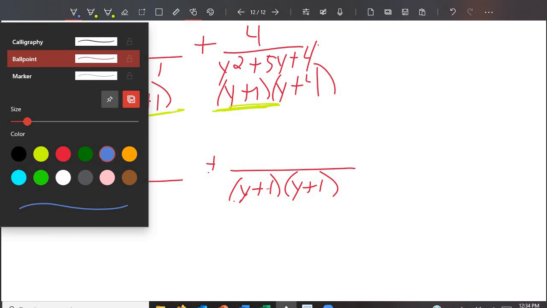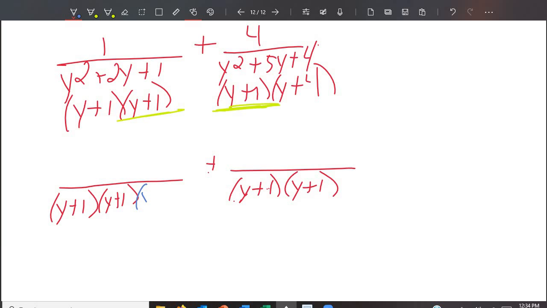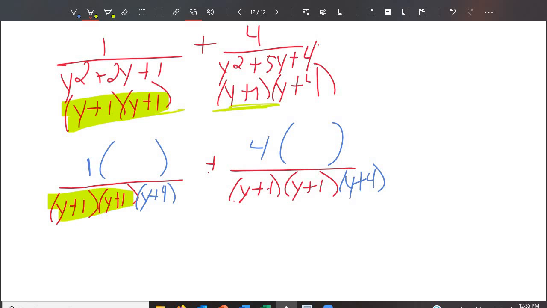They are not sharing the y plus 4, so we're going to have to put a y plus 4 in the bottom. And we're going to have to multiply the tops by something. All right, highlight. These are the originals. What I don't have highlighted goes in the top. These two pieces are the original. What I don't have highlighted goes in the top.